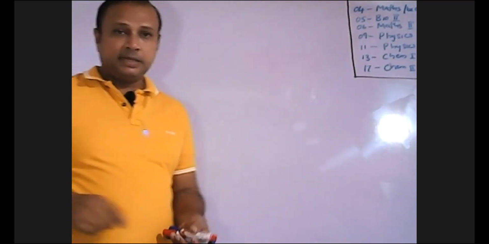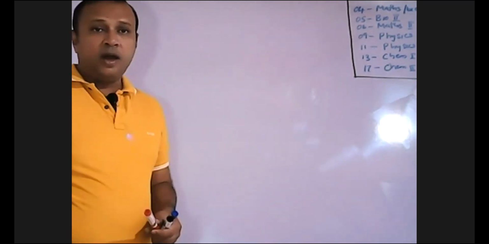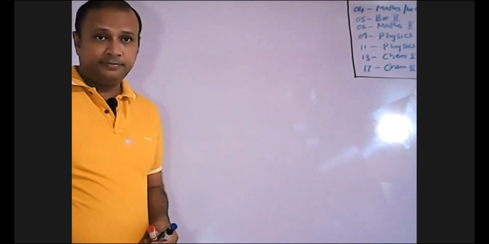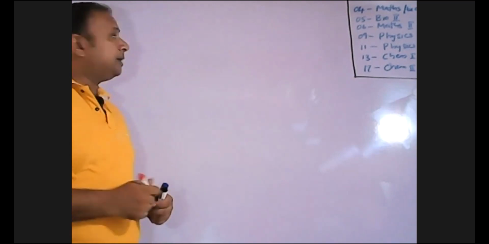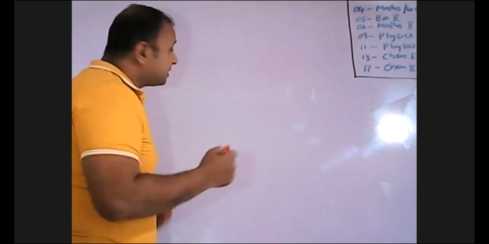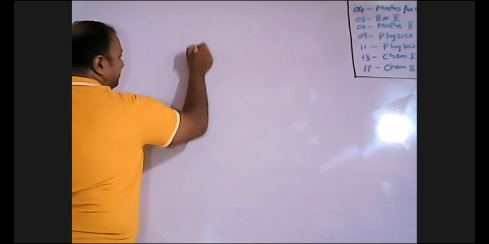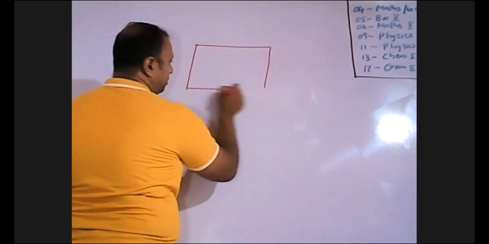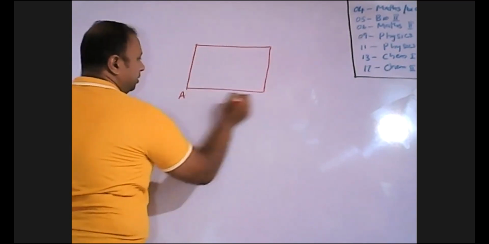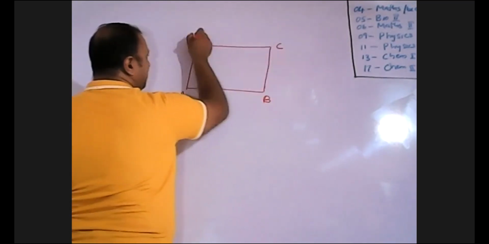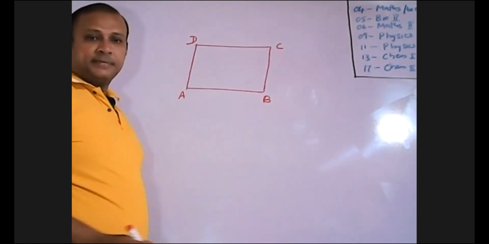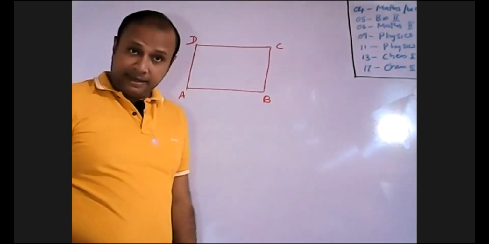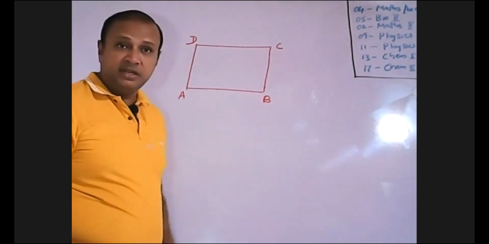Suppose now you are given this kind of example. A, B, C, D is a rectangle. Assume A, B, C, D is a rectangle.